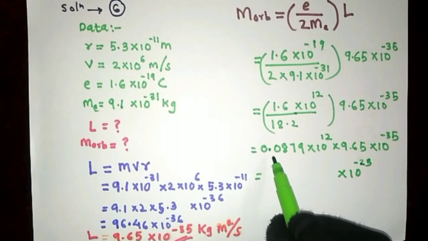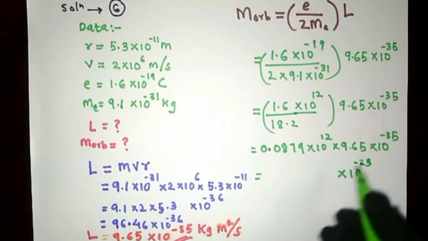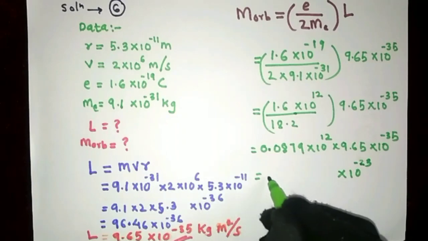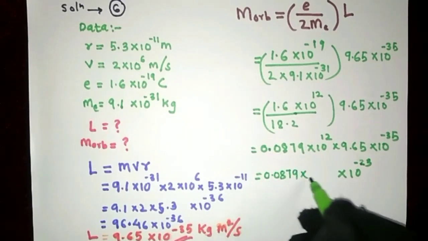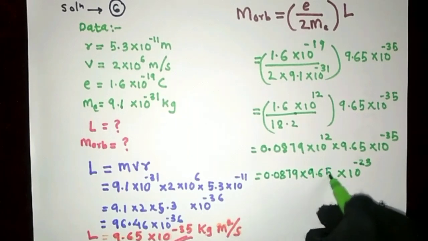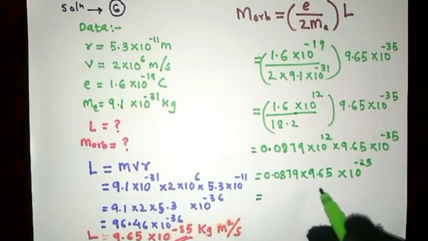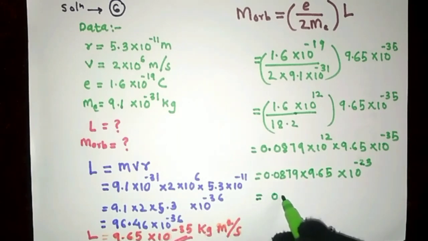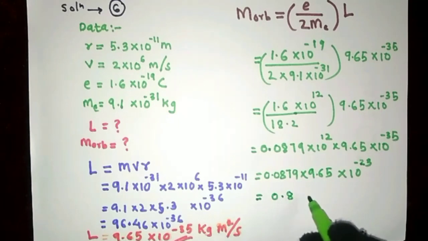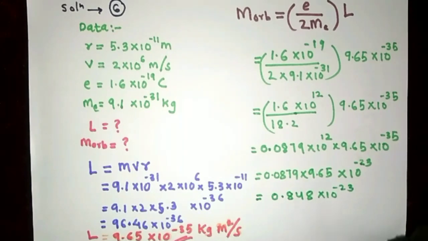When you multiply 0.0879 into 9.65, with the power as it is, finally we have 8.848 into 10 raised to minus 23.